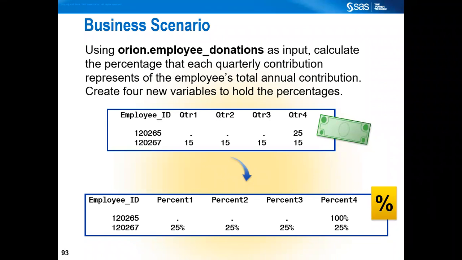It's telling the annual contribution, right? In a year we have 4 quarters. Now this person did not contribute in the first, second or third quarter. Directly in the fourth quarter he is contributing 25, some dollar amount. But from his end, it is the 100% contribution. Whereas the next employee is contributing 15, 15, 15.